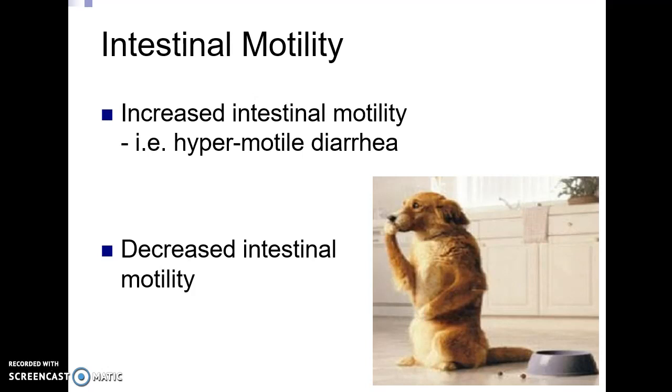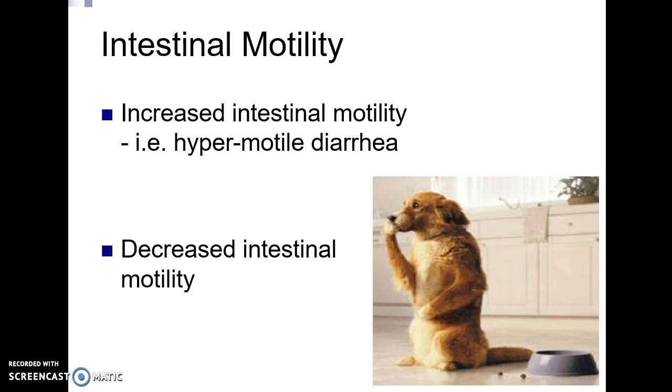So we need to bear that in mind if we're giving an oral drug to a patient that has diarrhea. On the other hand, if we have decreased intestinal motility, the opposite of diarrhea, which is constipation, then we have the retention of the drug in the intestinal tract for a longer time.